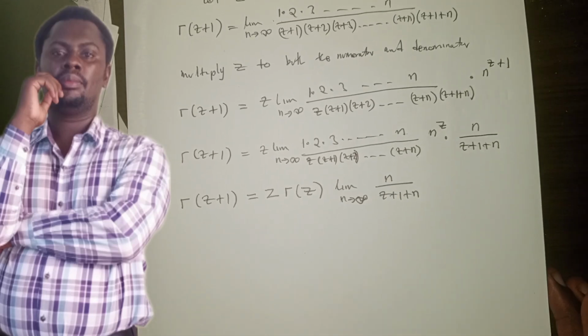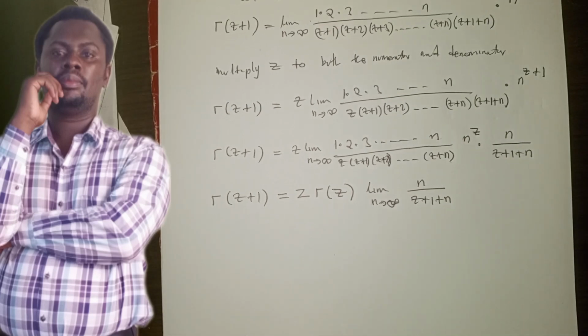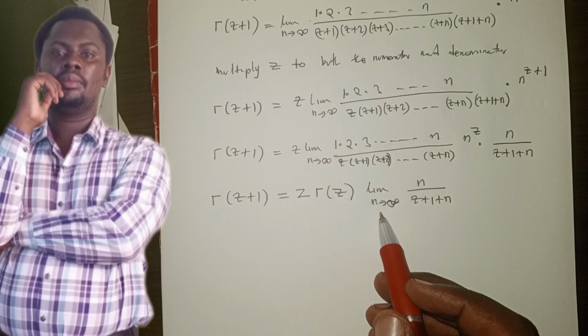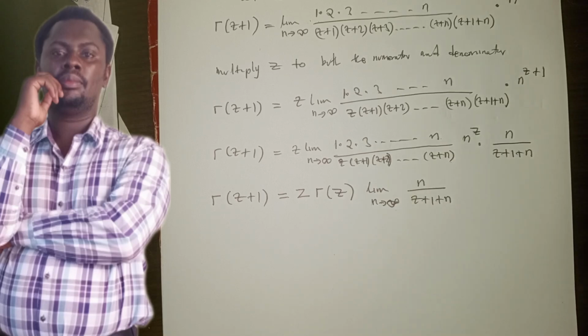So we have gamma of z plus 1 is equal to z gamma of z, times the limit as n approaches infinity of n over z plus 1 plus n.